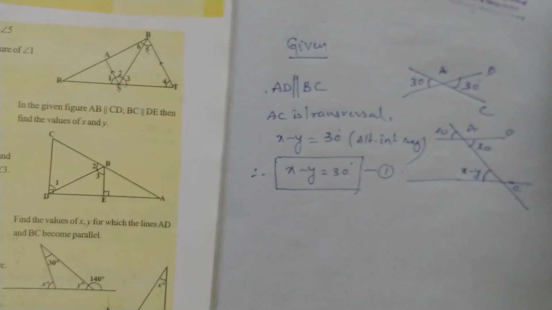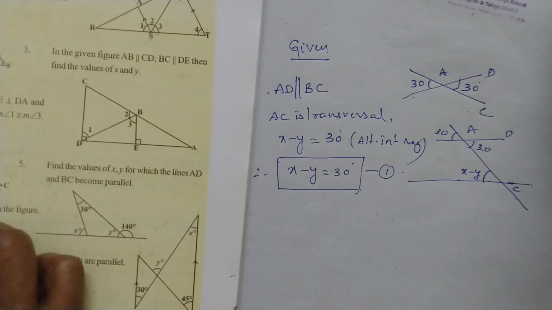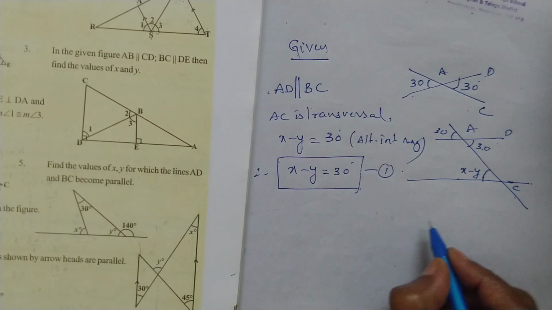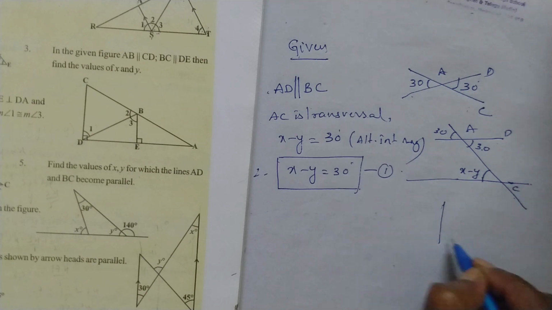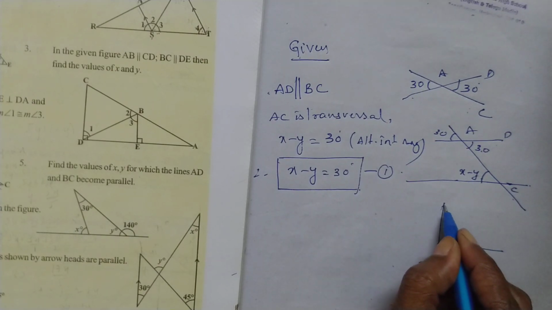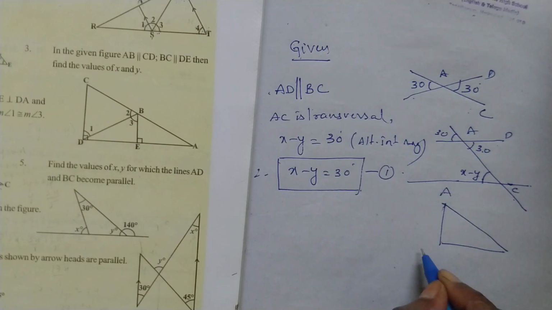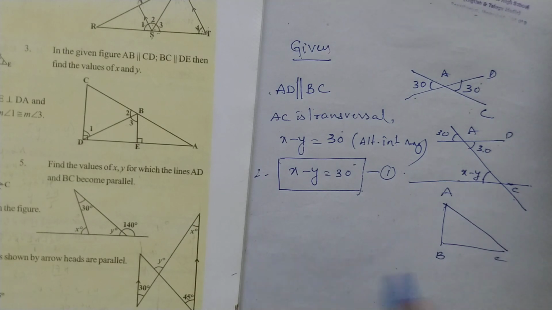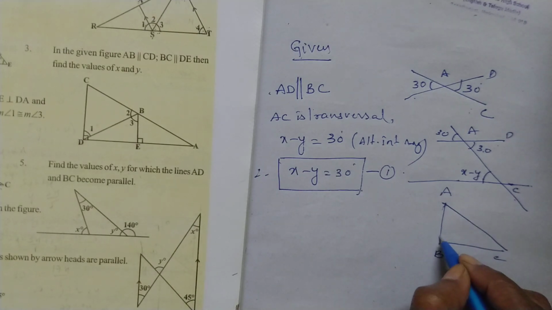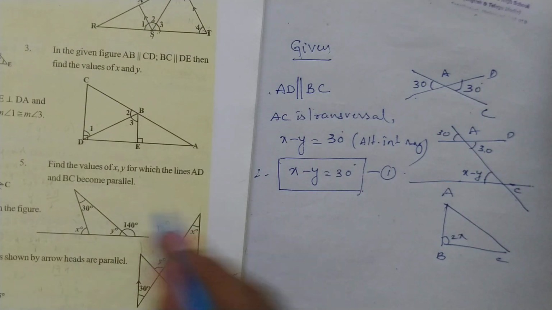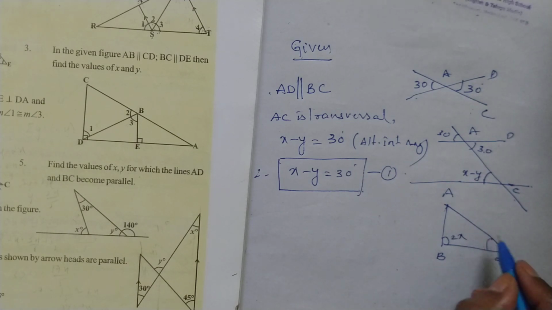Now if we take the triangle ABC, one angle is 2x degrees and one angle is x minus y degrees.